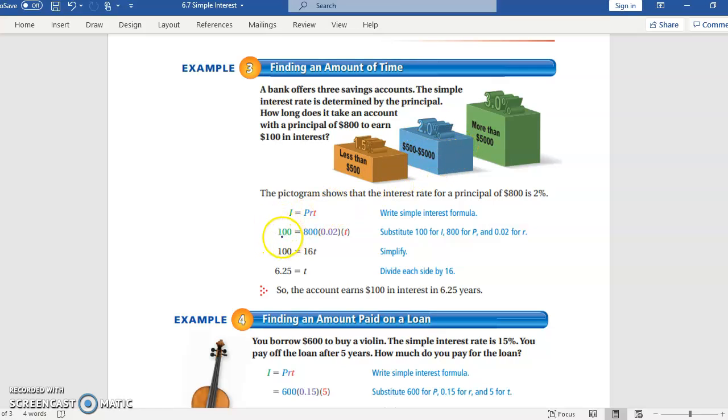So we want an interest of 100. So 100 equals 800 is your principal, and it's 2%, so times 2%. And we want to know how long that is, so we don't know the T. So we're going to multiply 800 times 0.02. We get 16T, divide both sides by 16, and it comes out to be 6.25 years.